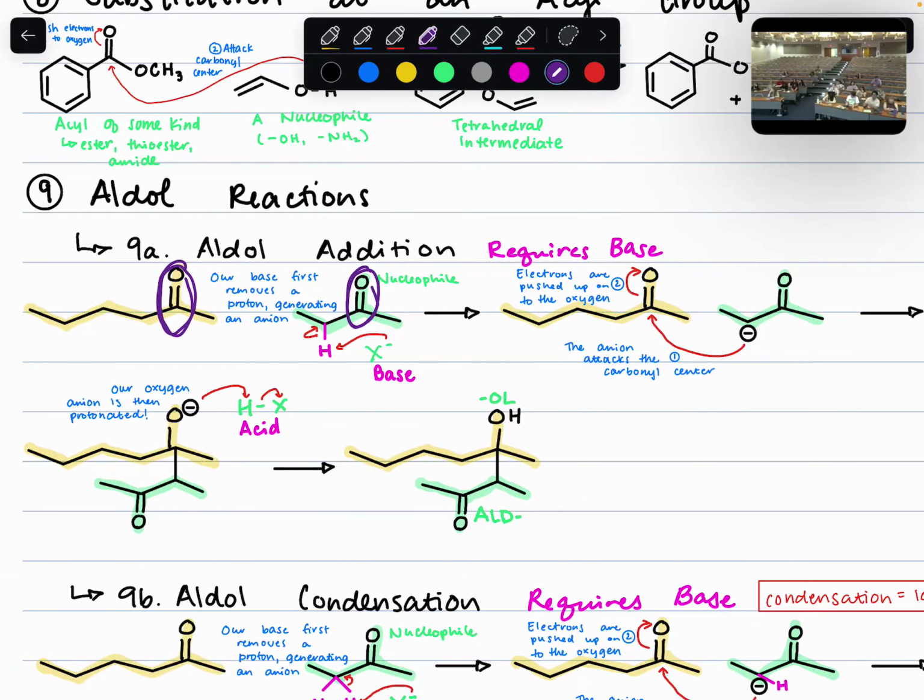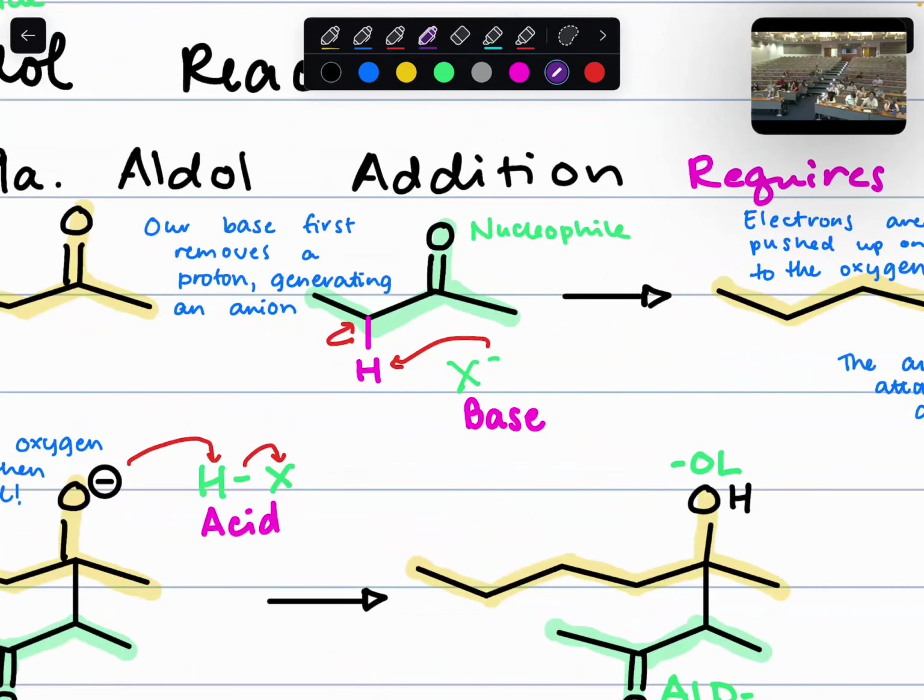One of these will be deprotonated. How do we know where it will be deprotonated? Resonance. So these double bonds, an anion here can be stabilized by this pi system, because we can push those electrons here and have the oxygen hold the extras.